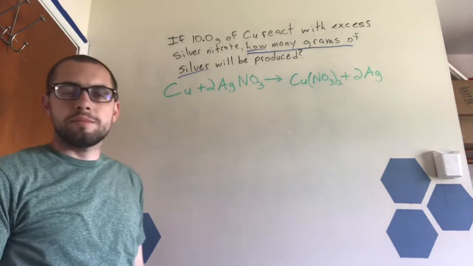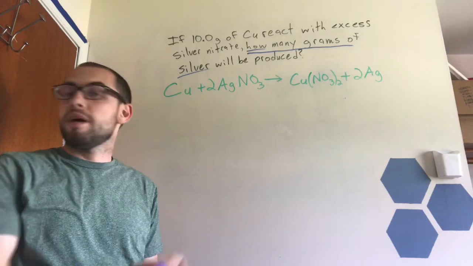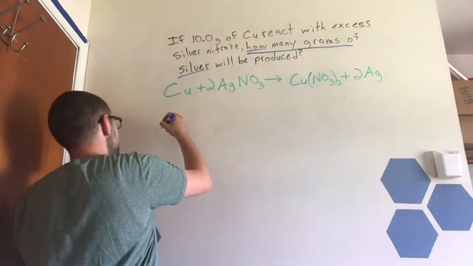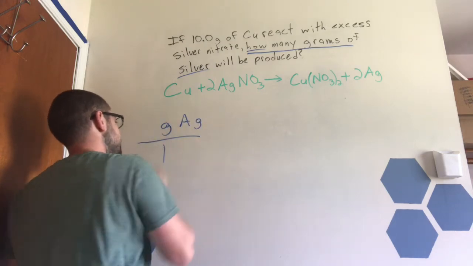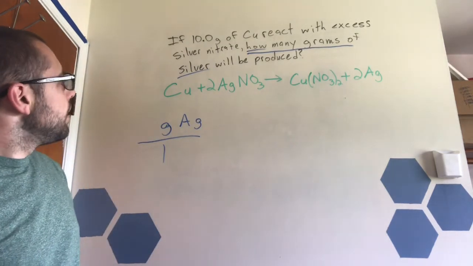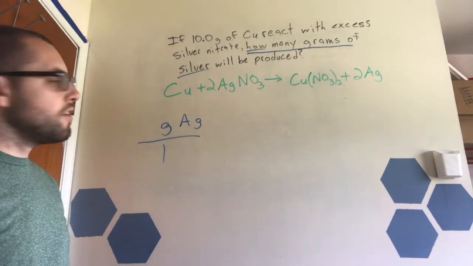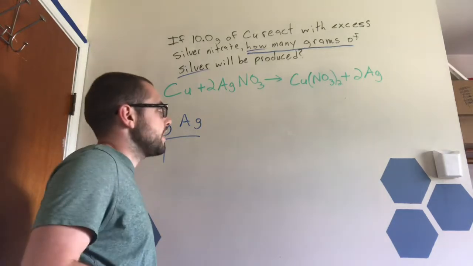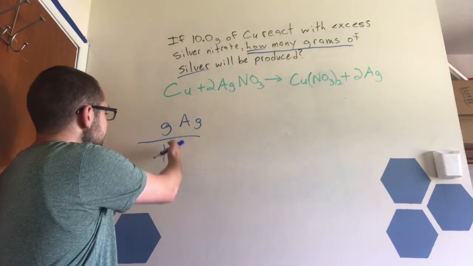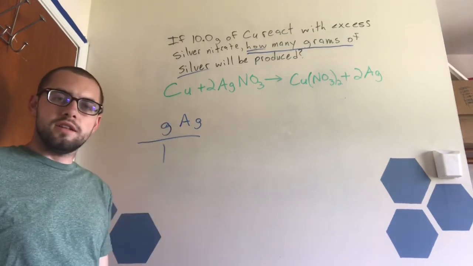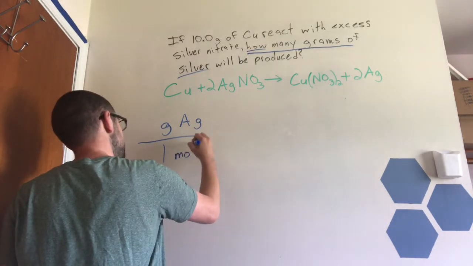So I'm starting with grams of silver. The problem asks me how many grams of silver, so I'm going to start with grams of silver. Now, I actually don't know how many grams of silver I'm going to end up with. That's what the problem is trying to get me to find out. So instead of just putting this over 1, like I've been doing in some of them, I'm going to put this over 1 mole.